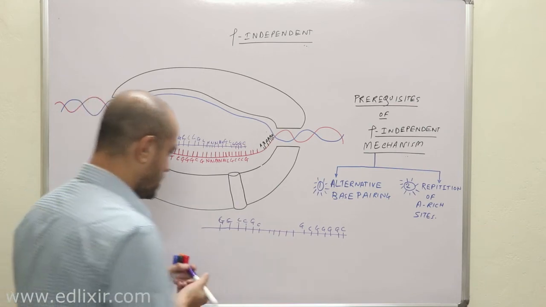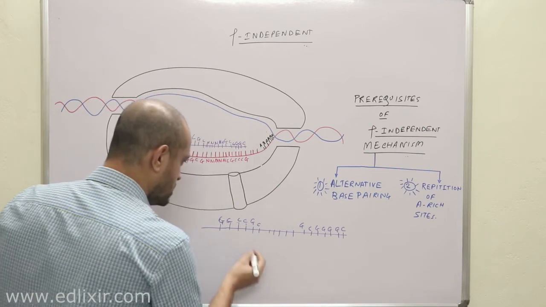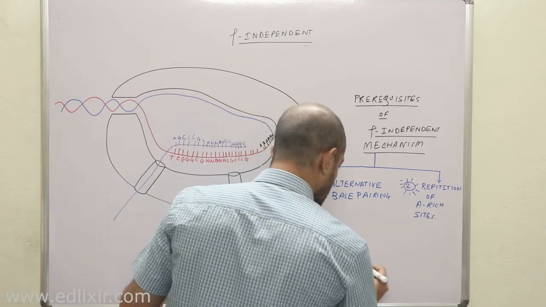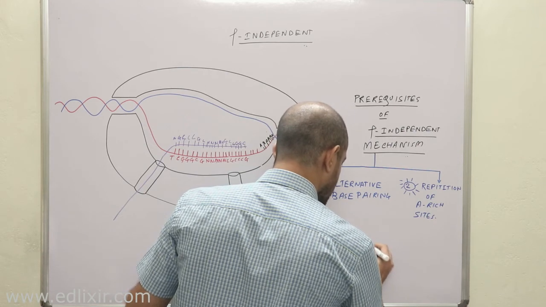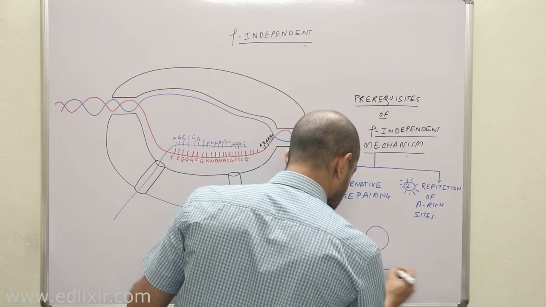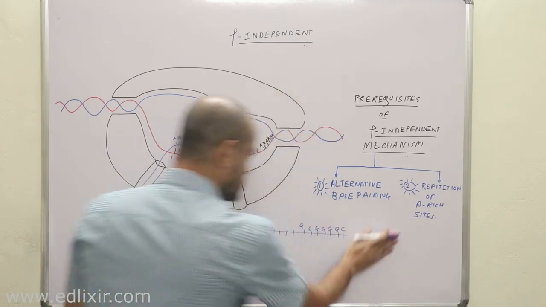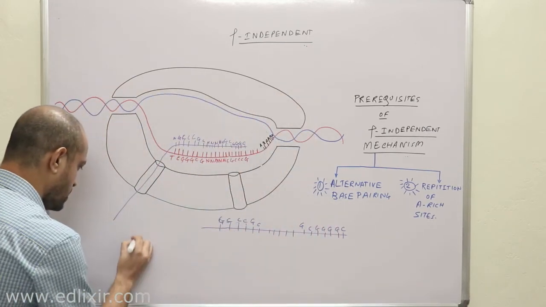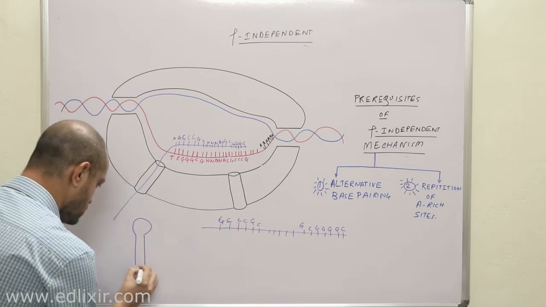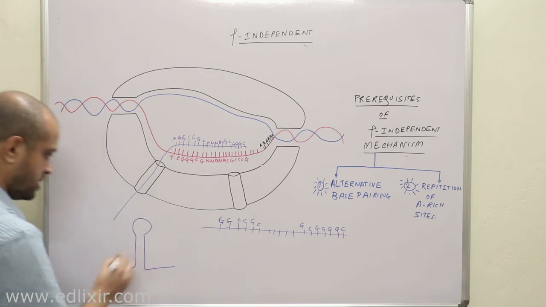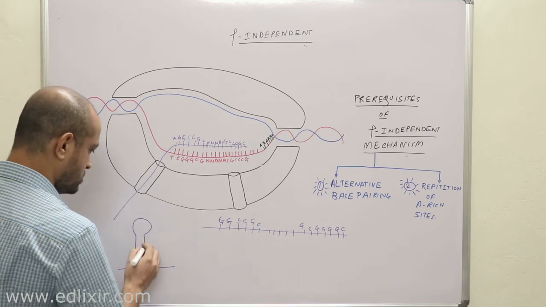Now listen, this whole thing will be converted into a loop-like structure. You know why this loop is occurring? You need to understand this. Suppose this is your mRNA.